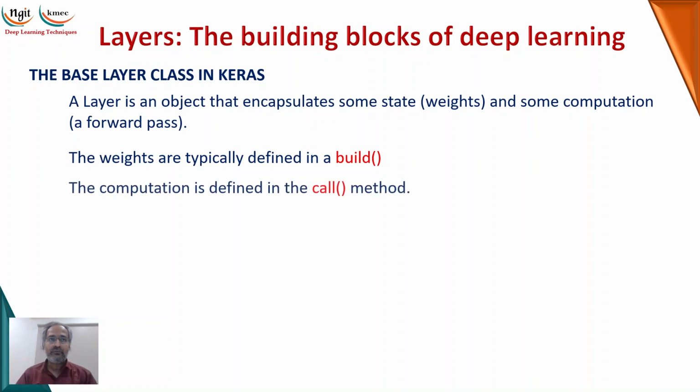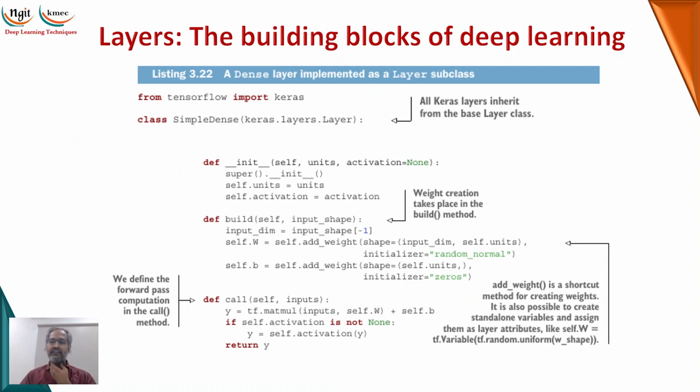The fundamental method is the call method. The call method will use the weights and go forward. For the forward pass, we will use the call method. And for updating the weights, we will use some other method that we will discuss later. So this is the basic implementation of the TensorFlow layer.